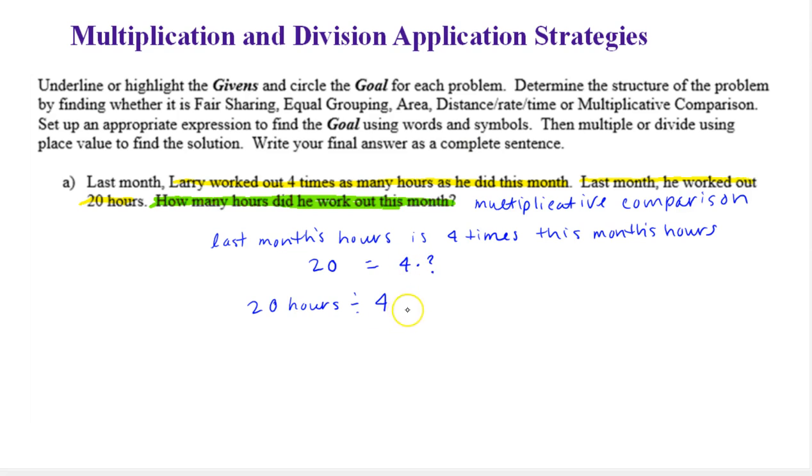Remember, 4 doesn't have any unit, it's just 4 times, it's not 4 hours, equals 5 hours. Okay. Now we're going to write this as a complete sentence. So our answer is, how many hours did he work out this month? Larry worked out 5 hours this month.